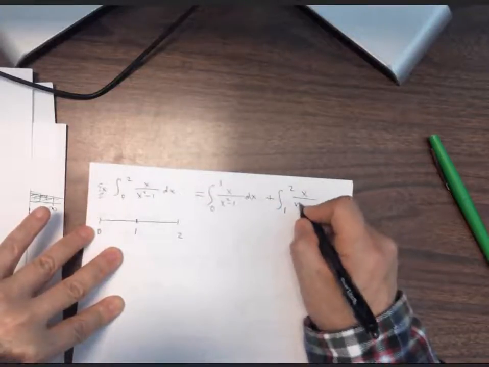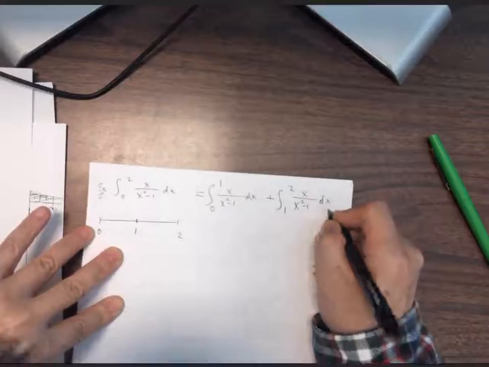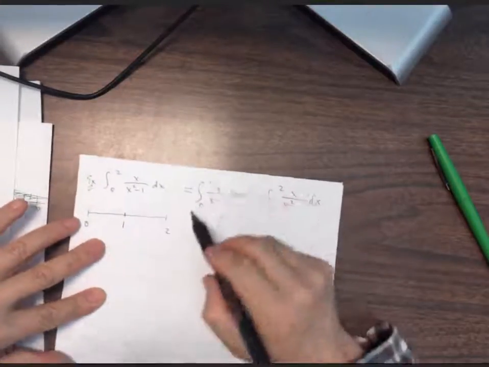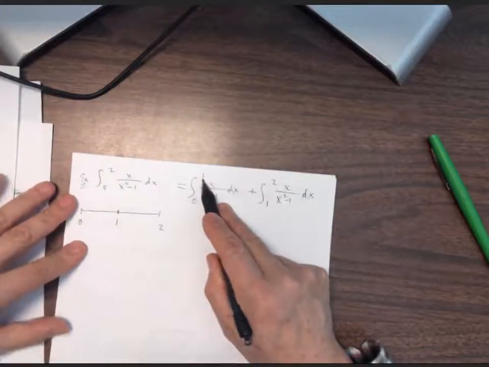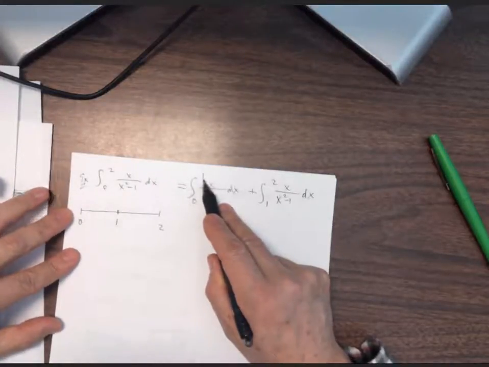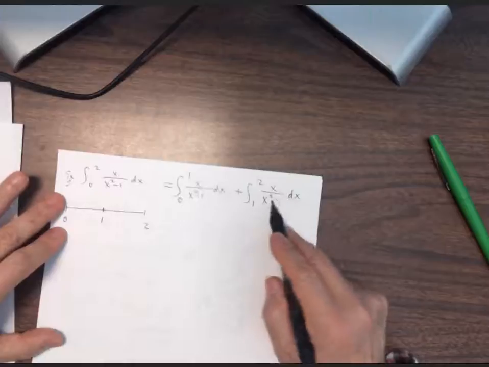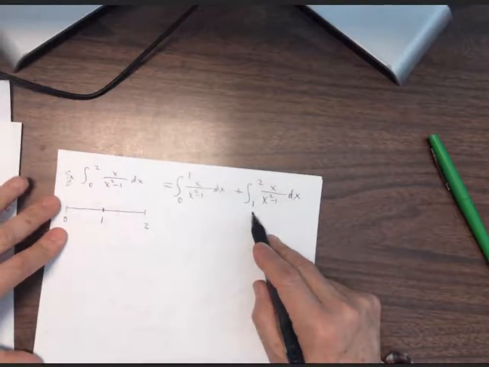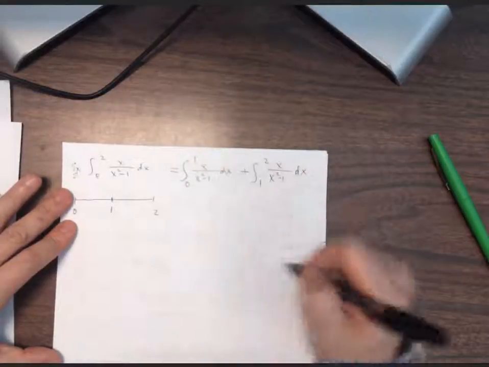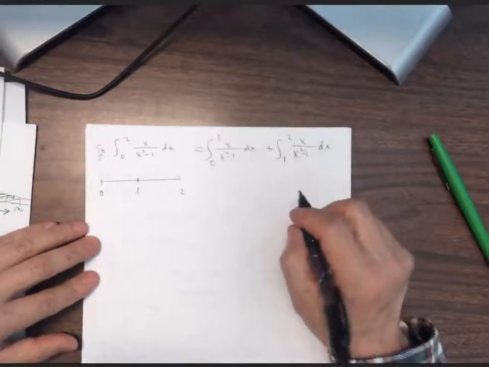This way, we have an improper integral with the upper limit as a trouble spot, another improper integral with the lower limit as a trouble spot. And we just deal with each separately.